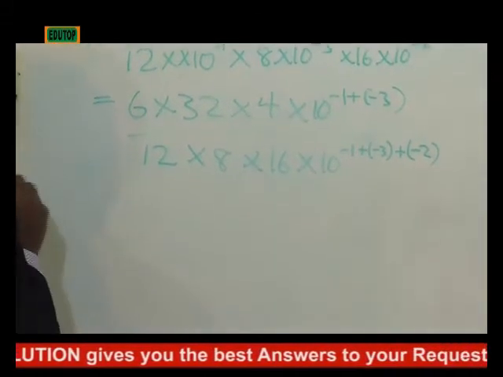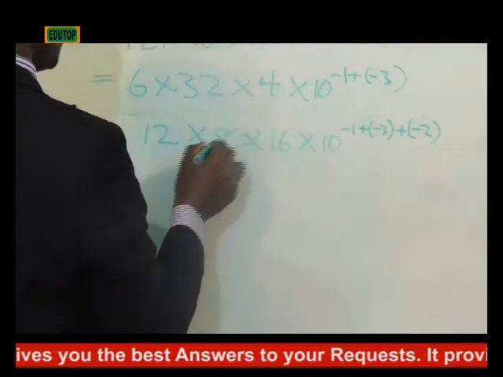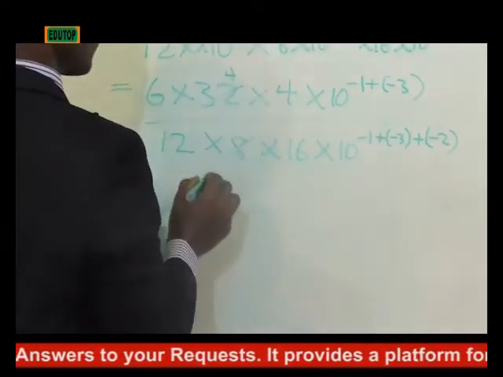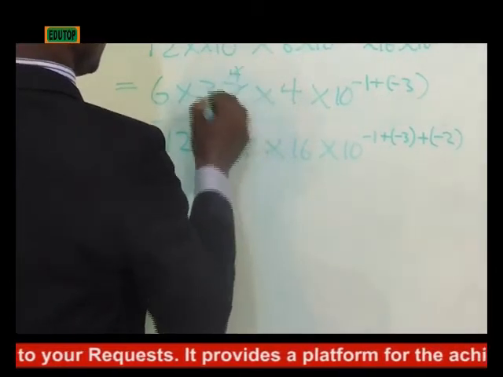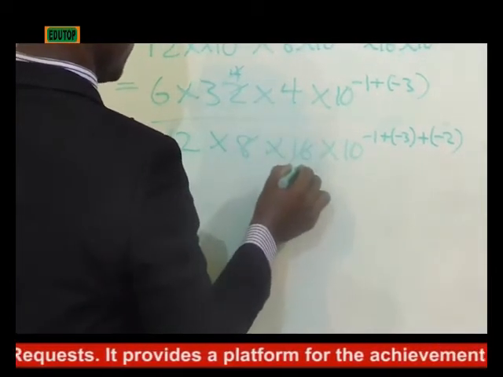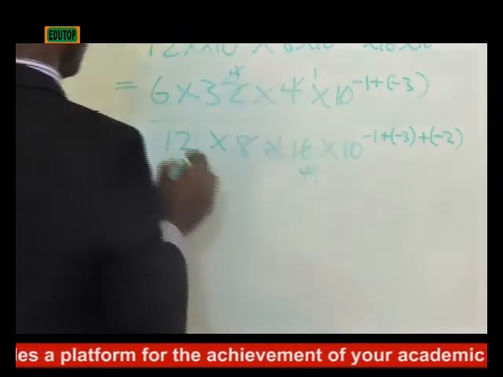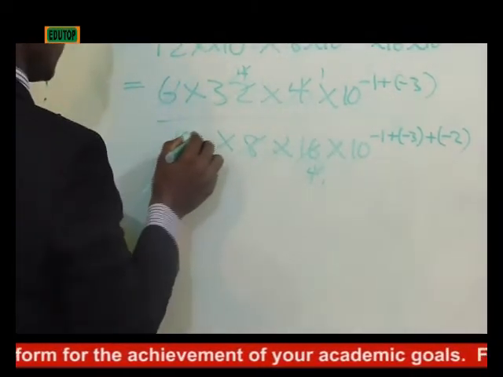Now, if you are to divide here, 32 divided by 8 is 4. 4 divided by 16 is 4. 4 here 1. 4 here 1. Here we are having 6. 12 divided by 6 is 2.